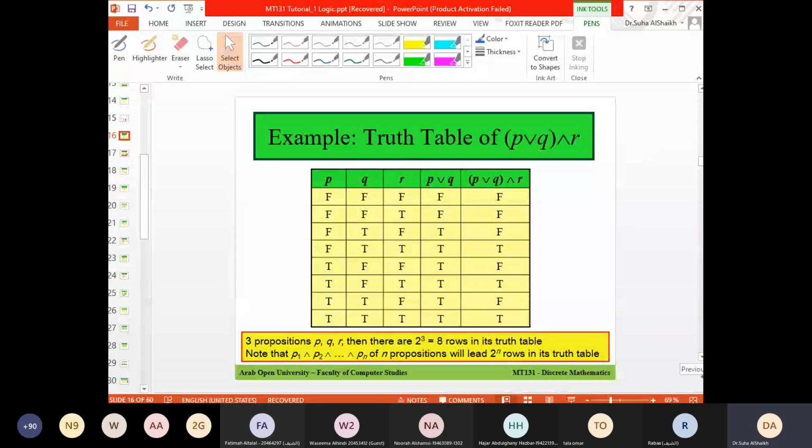They want you to construct the truth table of P or Q and R. ما أعرف ال P، ما أعرف ال Q، ما أعرف ال R، بس أعرف إن كل واحد فيهم احتمال يكون true واحتمال يكون false. يبغى ال truth table كل ال possibilities، كل ال options للstatement هذه، كل ال options اللي ممكن تحصل على ال P وال Q وال R بغض النظر what's the P, what's the Q, what's the R.